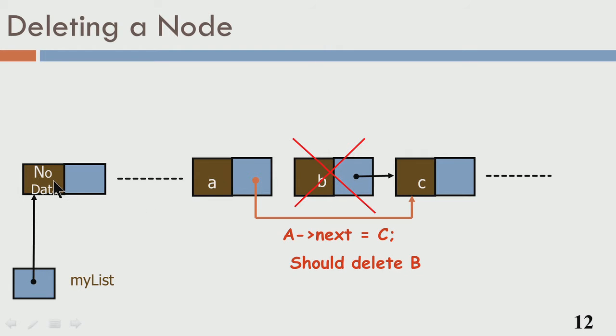If I start from the beginning, I will keep going along till I hit A, because A satisfies the condition that B is the next node, and this is what I want to delete. So I stop at A and make A's next pointer A's next to next. A's next is B, its next is C, I take that and I put the value in A.